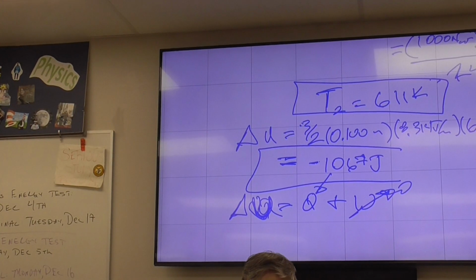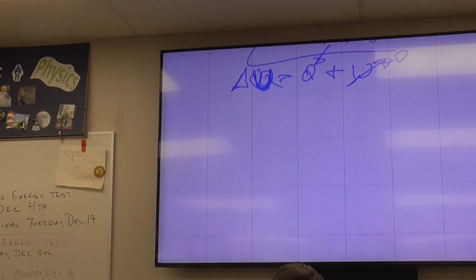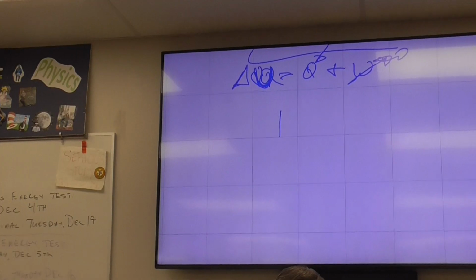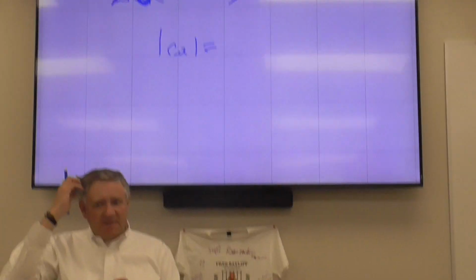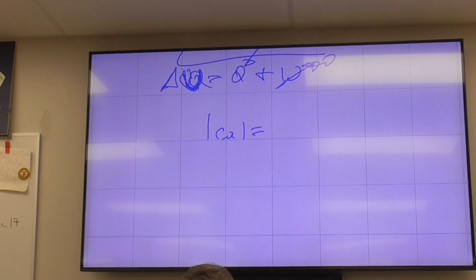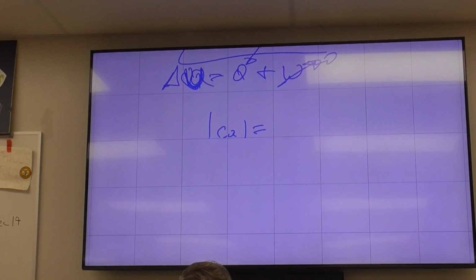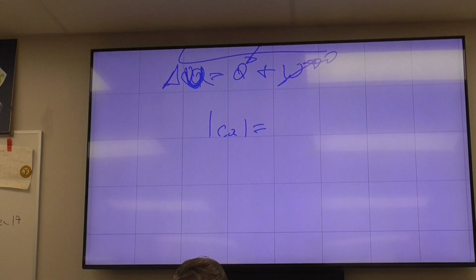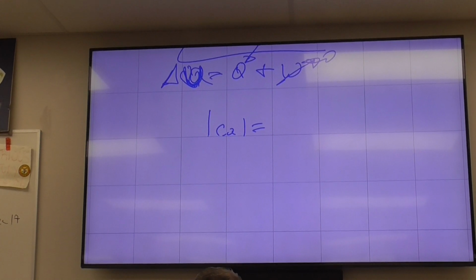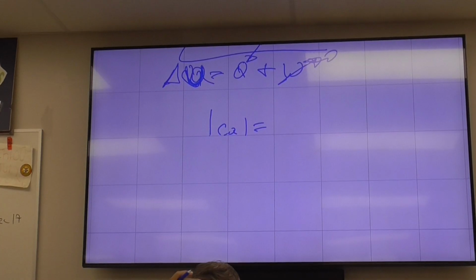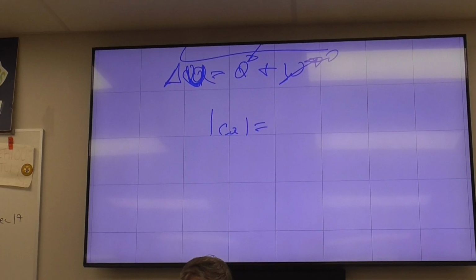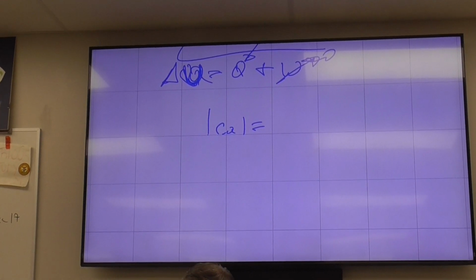How a calorie, a lowercase c calorie, used to be defined was the amount of energy needed to take 1 gram of water and change it 1 degree Celsius. That's how a calorie was defined. I got these numbers straight off of an Almond Joy when I was typing up this question.